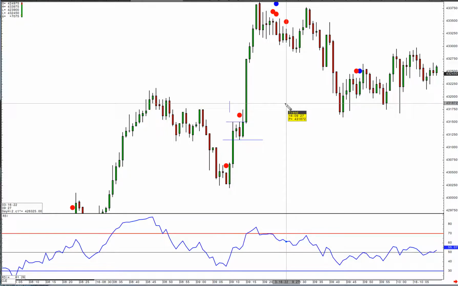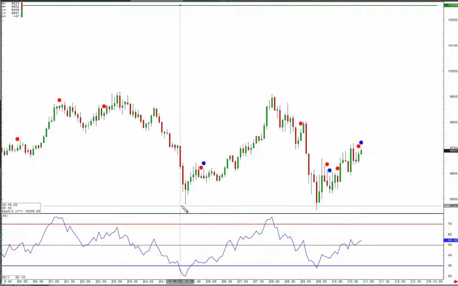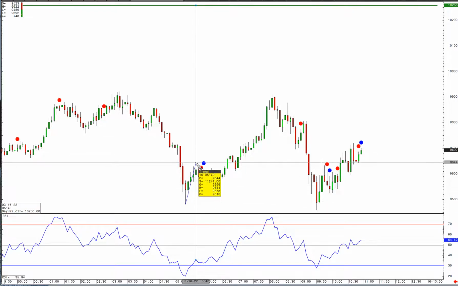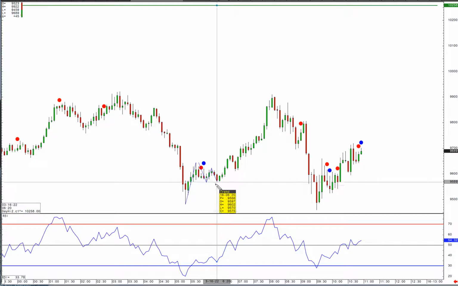And then another thing I wanted to point out on crude, off of this low in the morning, we had an A, and then here's kind of your 2-legged B, and really this didn't even take out that low.